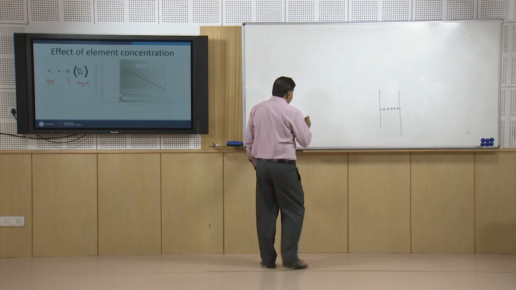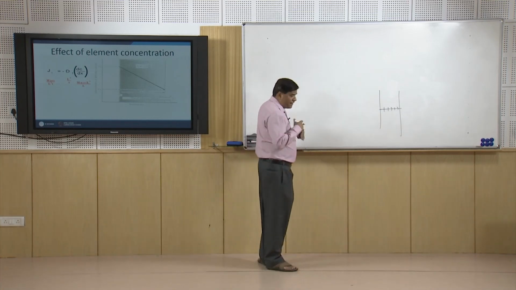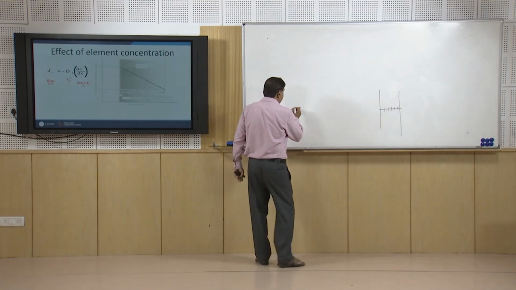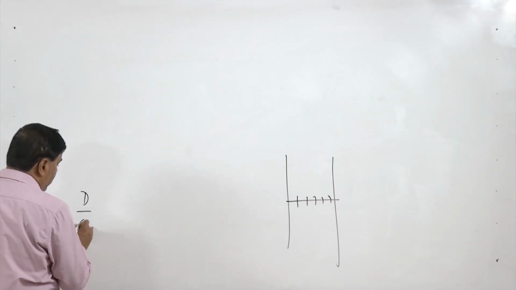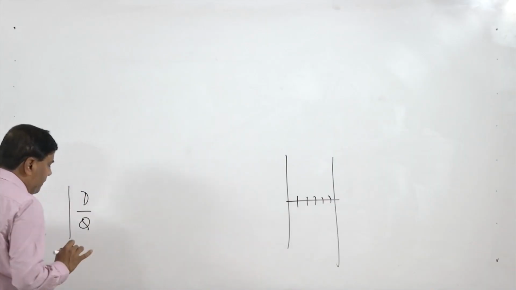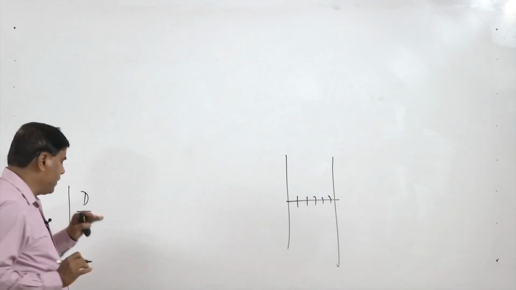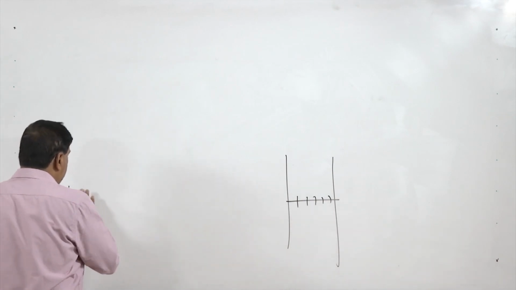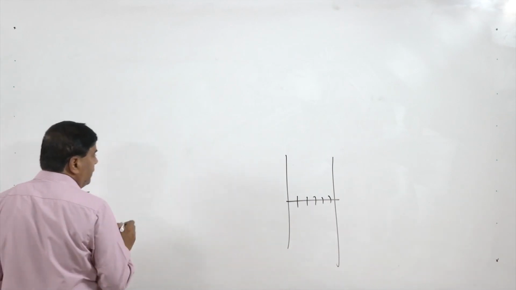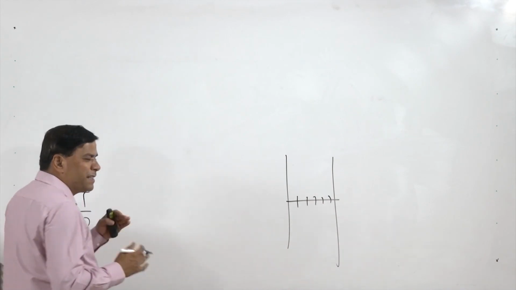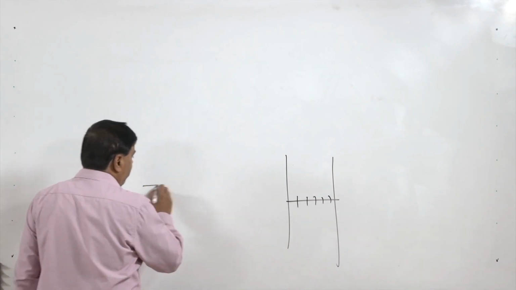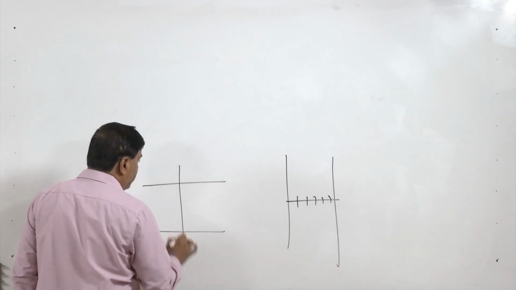For a given material, how fast the diffusion will take place, apart from the activation energy, D0 and the temperature, will depend upon the concentration gradient at the interface.